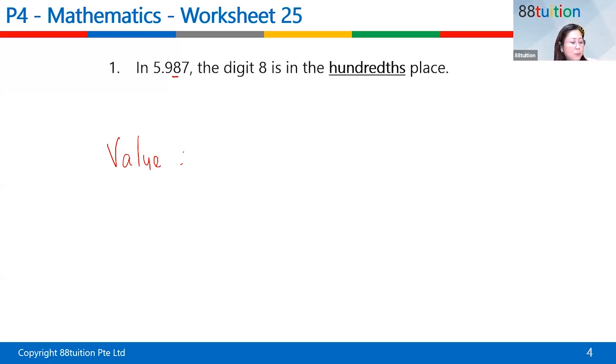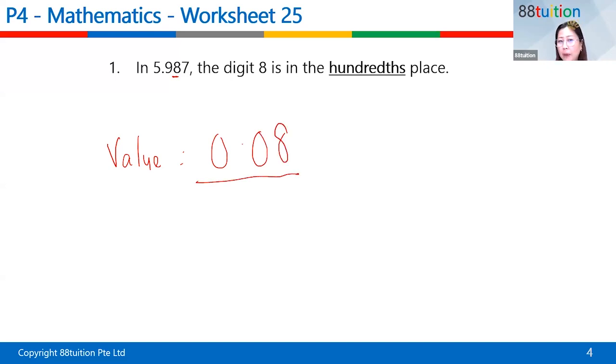What is the value? Yep, you're correct. 0.08. Yes, the value is 0.08.